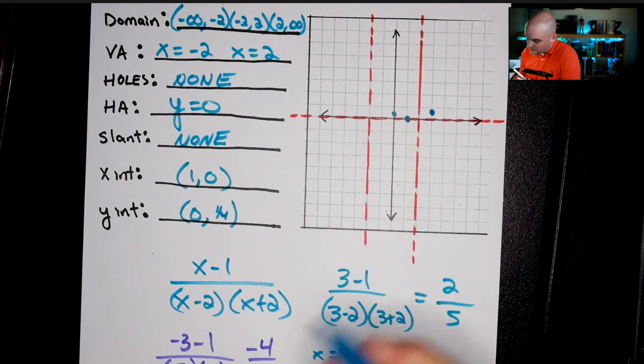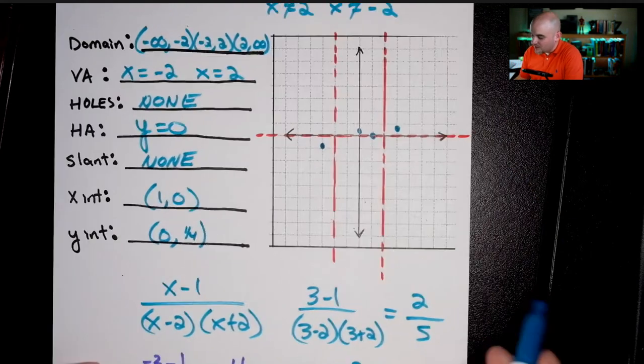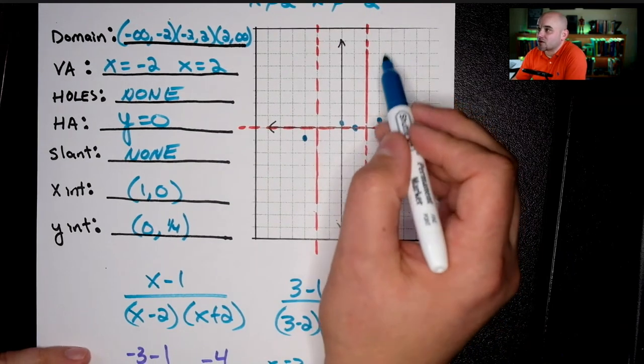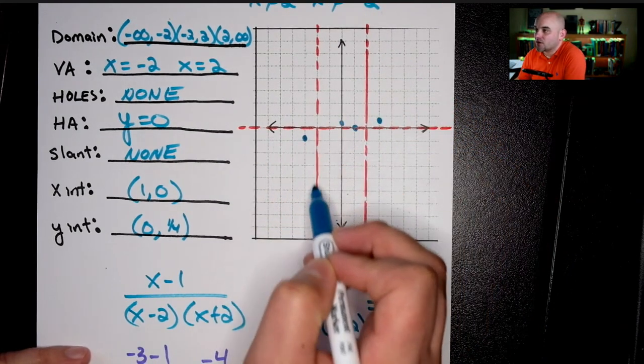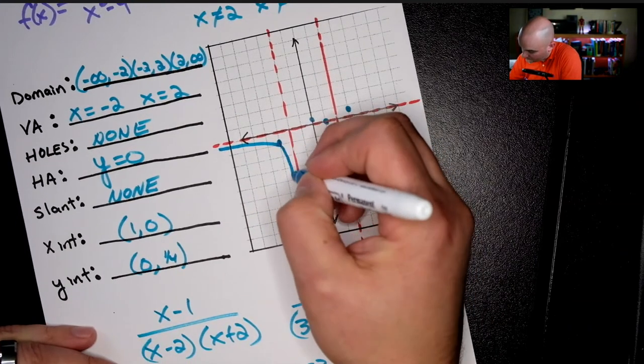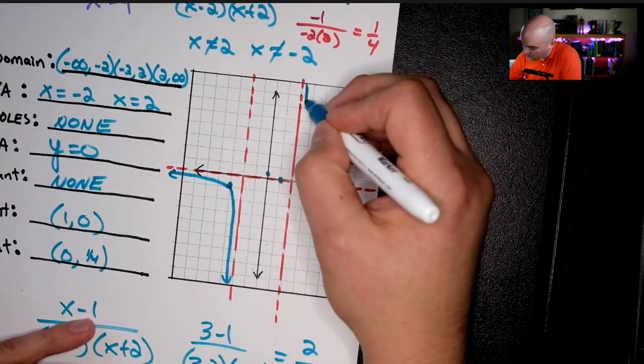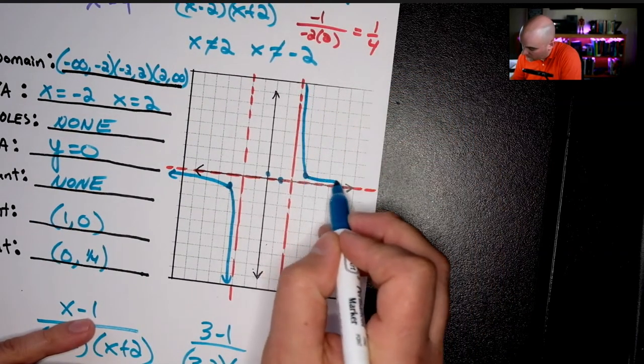So when x equals negative 3, I've got negative 4/5, which is right there. And so what this tells me is I've got a curvy corner in the top right and a curvy corner in the bottom left here. Let's put that in. One right there. One right here.